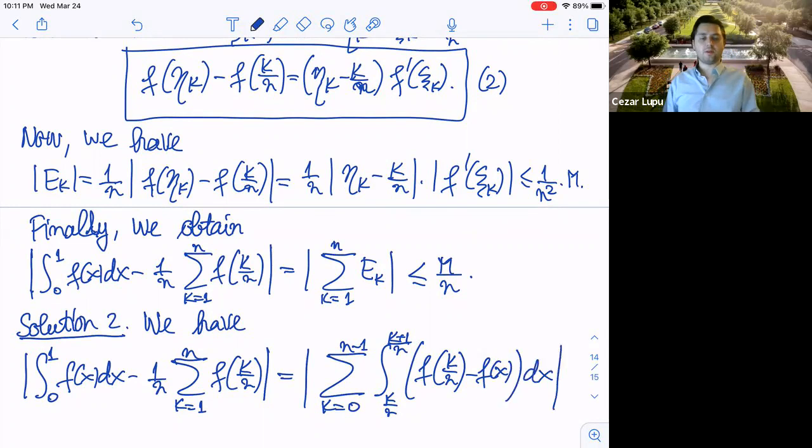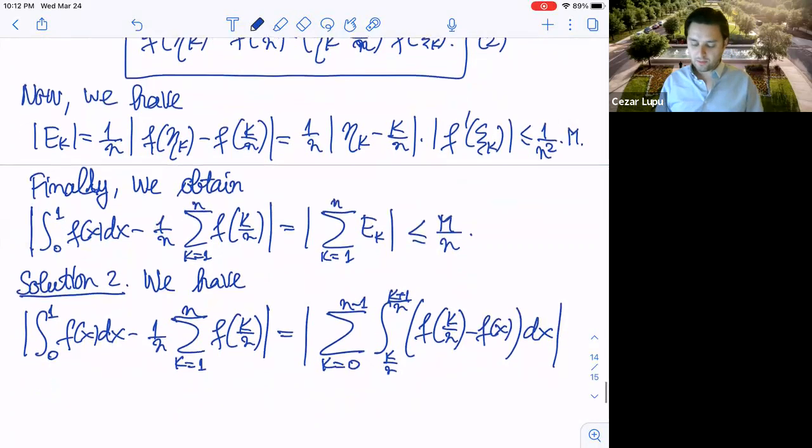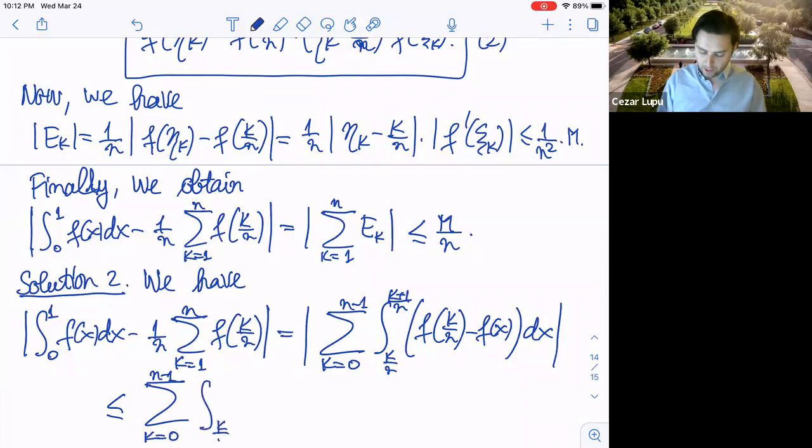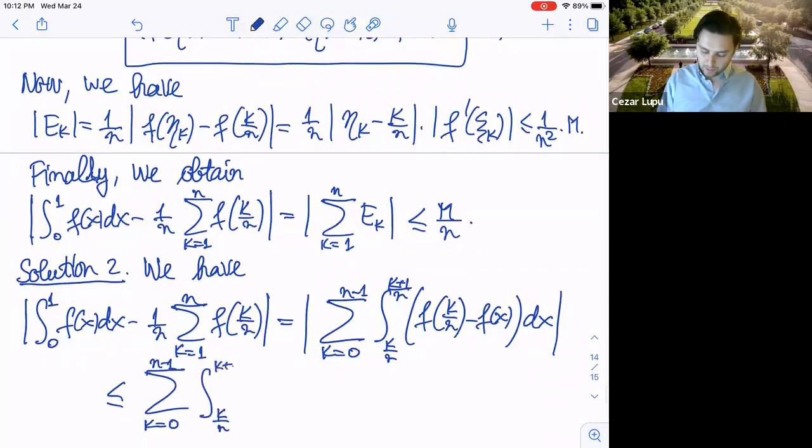And at this point, by applying the triangle inequality, this will be less or equal than the sum from k equals 0 to n minus 1 of the integral from k over n to k plus 1 over n, and now I'm going to put the absolute value inside: f of k over n minus f of x dx.